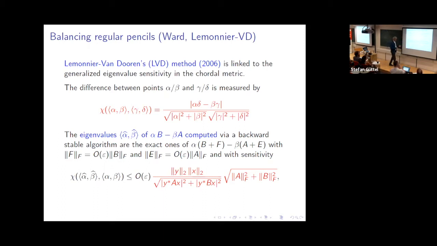They show by error analysis that the chordal metric of the error you make with the QZ algorithm is bounded by this expression. Therefore, this quantity is like the sensitivity of the eigenvalue, because if I apply the QZ algorithm, this is what you lose, essentially times epsilon. So it's the sensitivity number, and that's the quantity we should try to minimize to improve the conditioning of the eigenvalue problem.